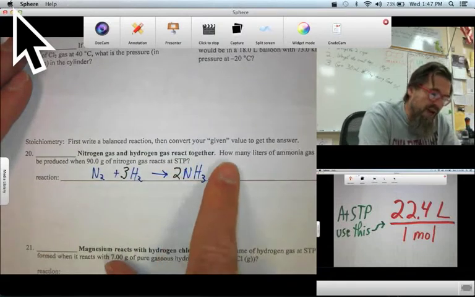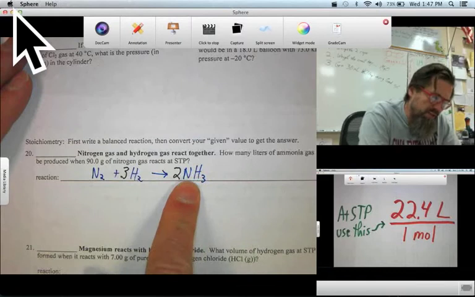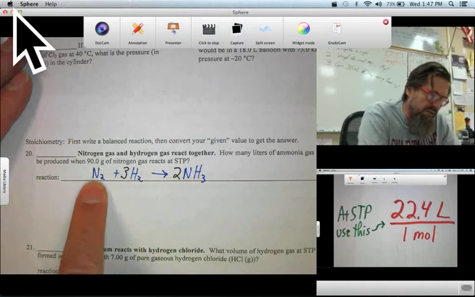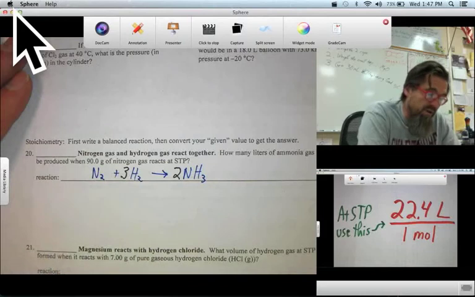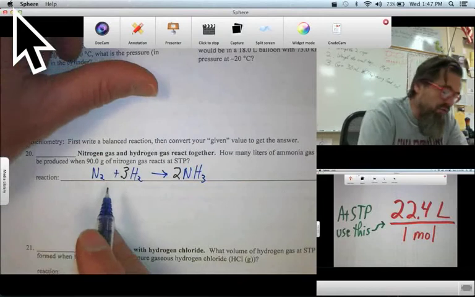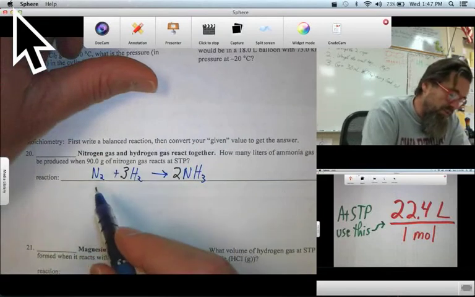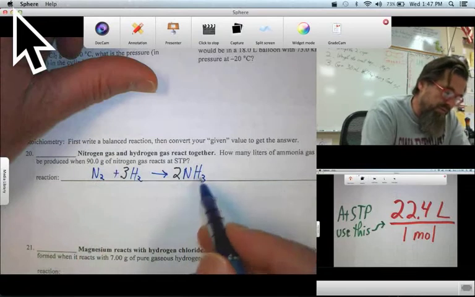How many liters of ammonia gas will be produced when 90 grams of nitrogen gas reacts? So we're going to convert 90 grams of nitrogen gas to some quantity of ammonia, and all roads lead through moles, so we'll go from grams to moles to liters.